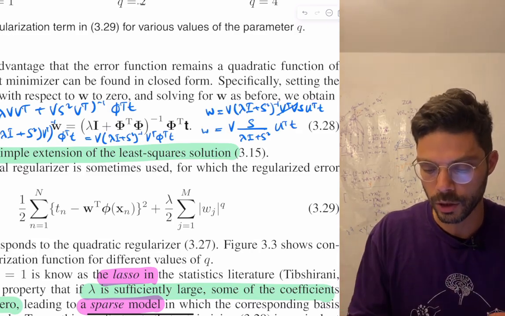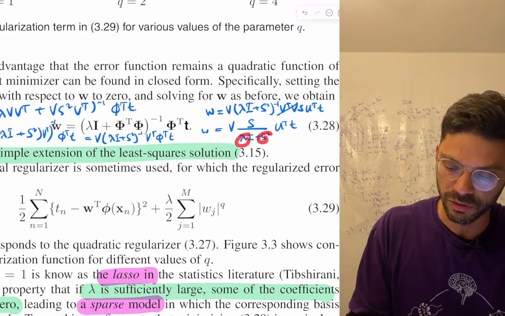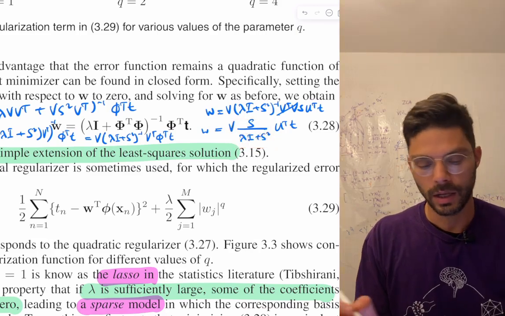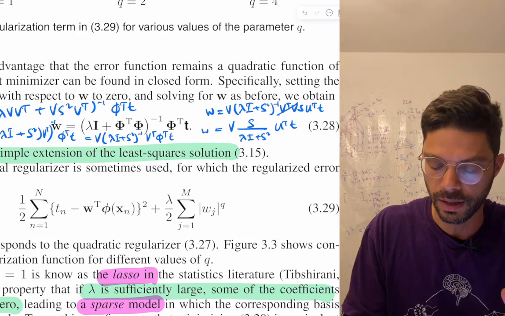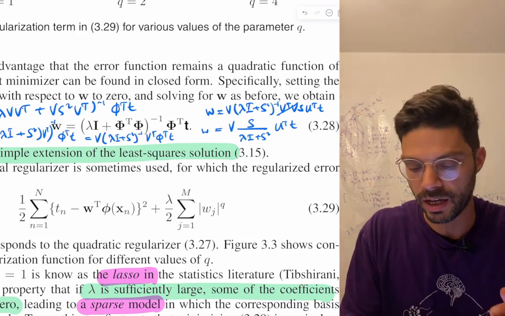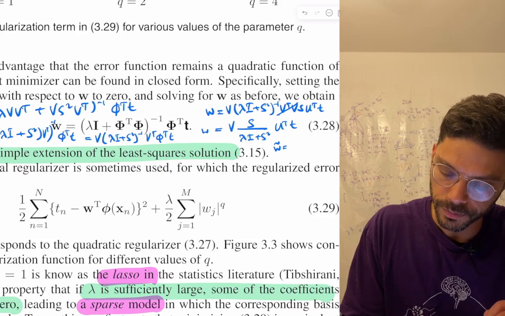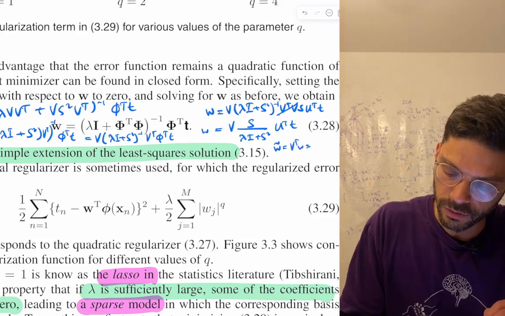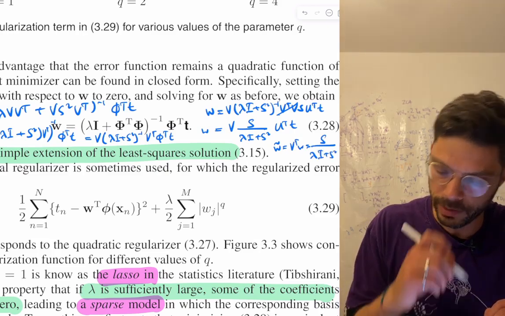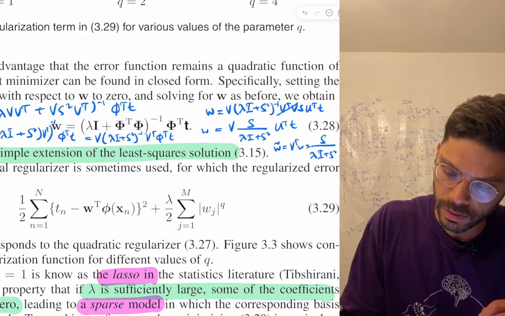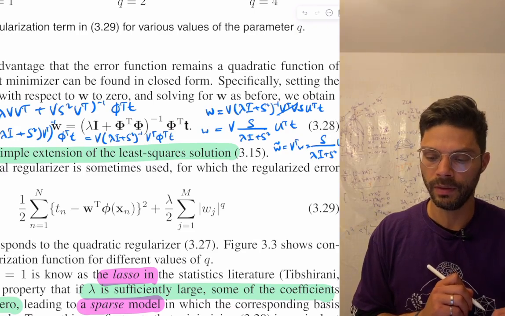Now you can already see the shrinkage happening because there's a lambda plus S squared that's scaling everything. But it's slightly easier to see if we change to these w coordinates. So we'll multiply both sides by V transpose, and we'll call these w tildes, V transpose w, and it's going to equal S over lambda I plus S squared times U transpose t.